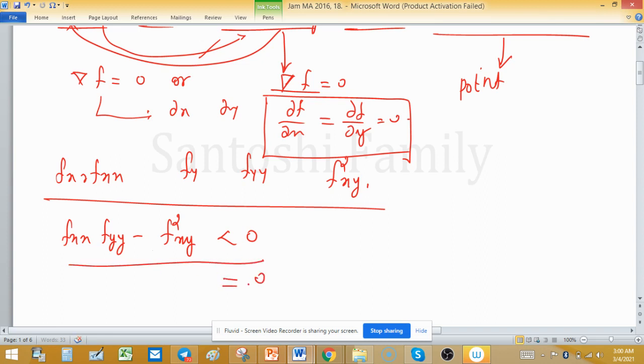If this value is 0, then we need to investigate further. If this is greater than 0, then it is a point of extrema, either minima or maxima. That will depend on the sign of either fxx or fyy. If they are negative, then it is a point of maxima. If positive, then a point of minima.